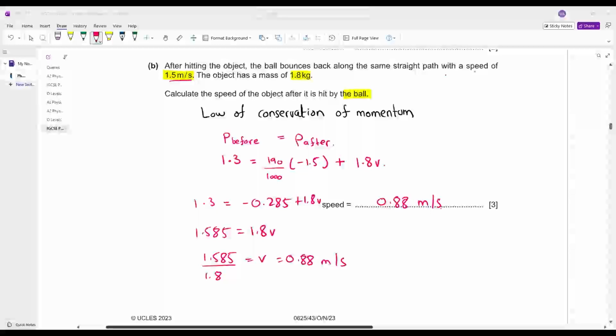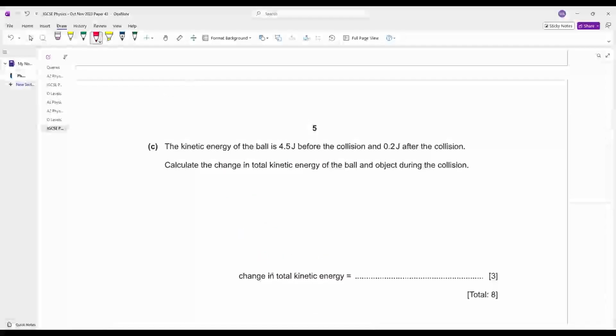Let's move forward. Now, the kinetic energy of the ball before collision is this, and after collision, the kinetic energy is this. Calculate the change in total kinetic energy of the ball and the object during the collision. How will you calculate the change in kinetic energy?